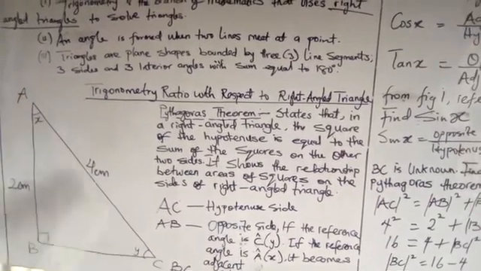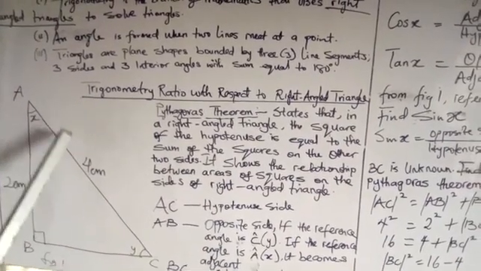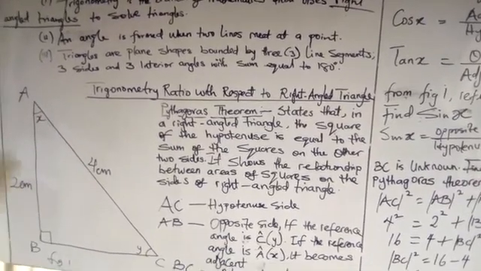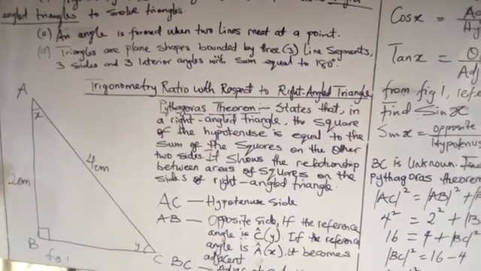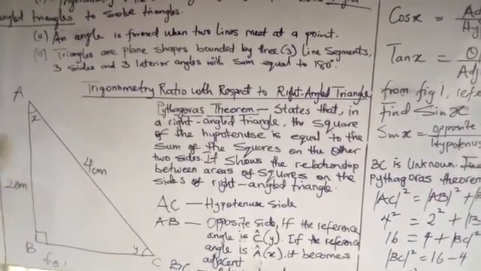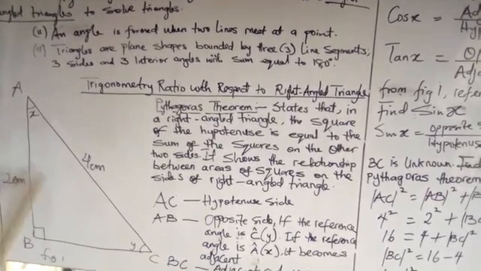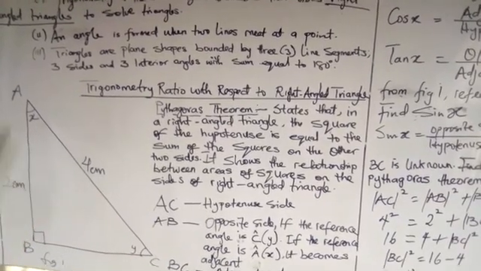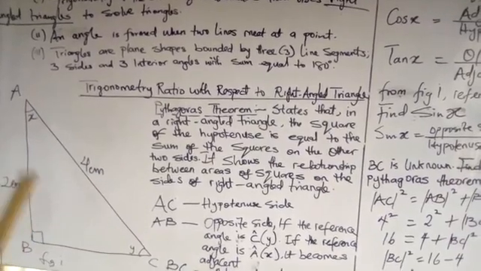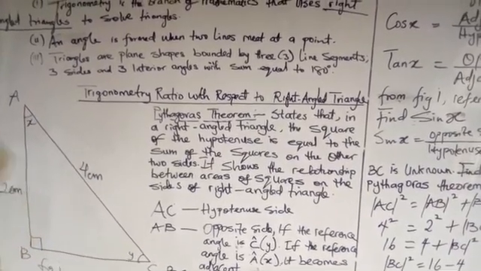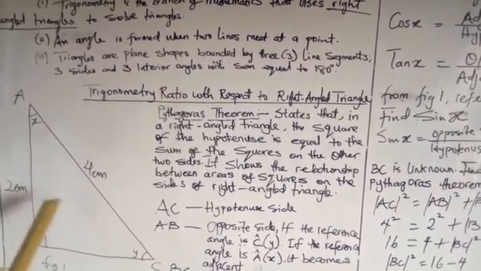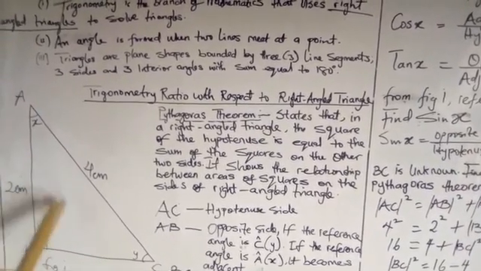AC is the hypotenuse. So Pythagoras theorem is stating that you can only solve problems involving triangles using Pythagoras theorem if the triangle is a right angle triangle.